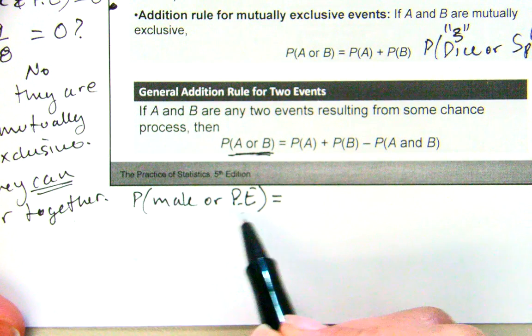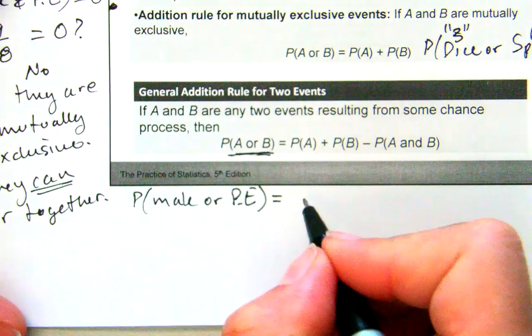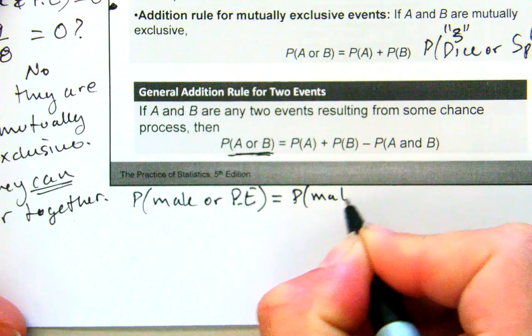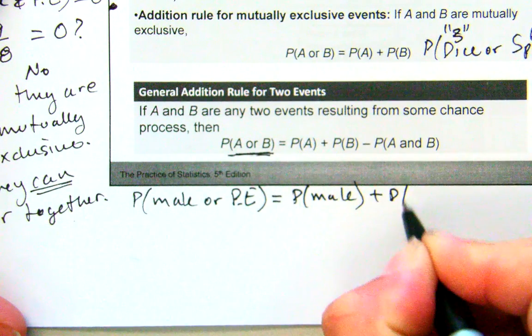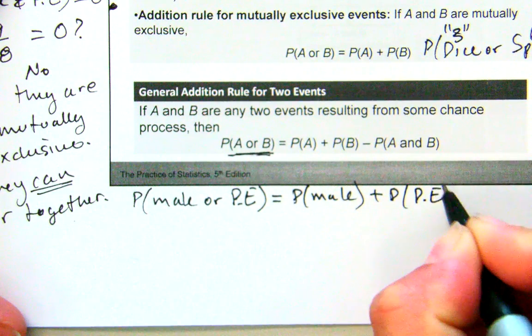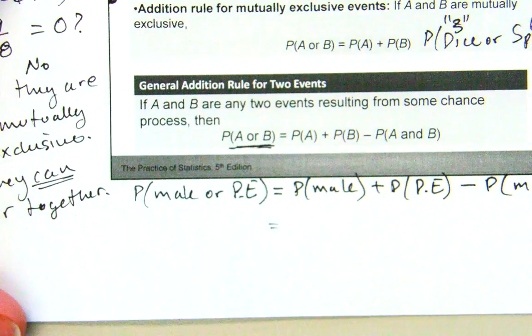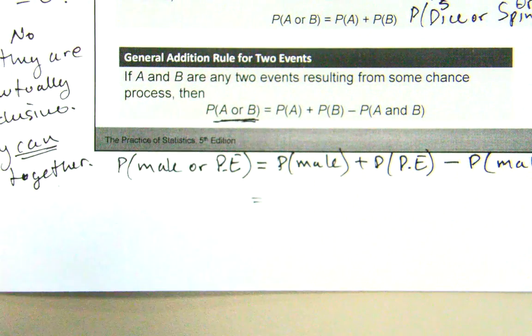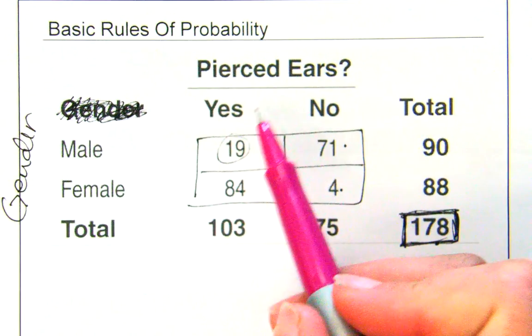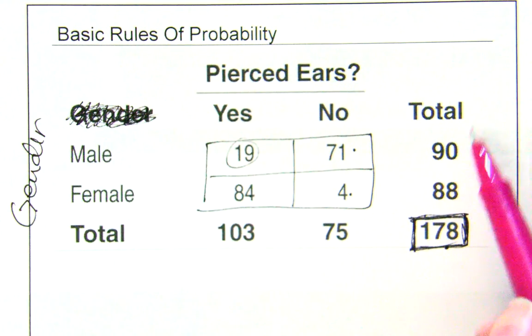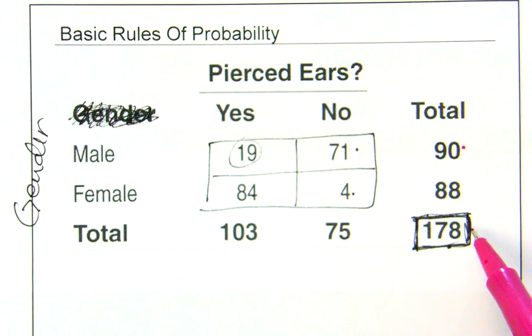So male or pierced ears. This is the probability of male plus the probability of pierced ears minus the probability of male and pierced ears. I would just say P. Okay, so probability of being male, go back to the paper. Everyone who's a guy is 90 out of 178.